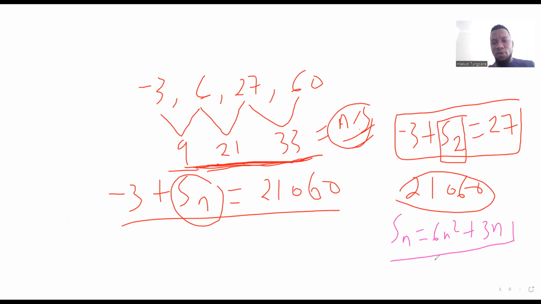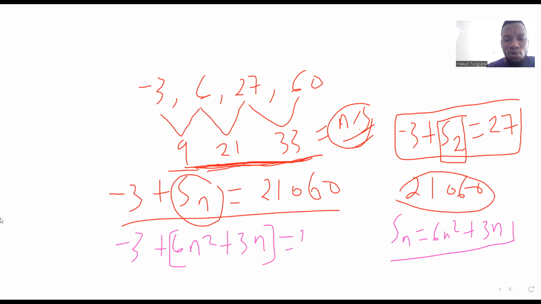So if we solve this equation, -3 plus 6n squared plus 3n equals 2106, this should give us the answer we're looking for. It should give us n, which tells us how many differences we are adding to get to this value.